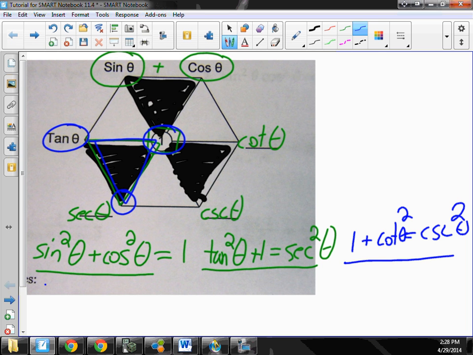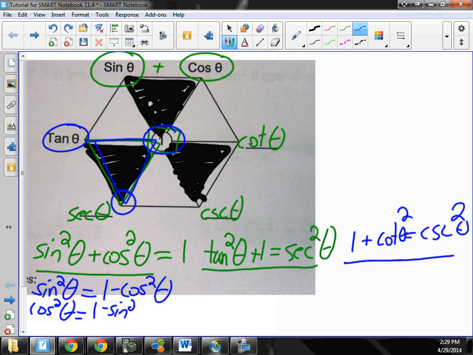So we could do sine squared of theta is equal to 1 minus the cosine squared. Could it be written another way? Cosine squared of theta equals 1 minus the sine squared of theta.